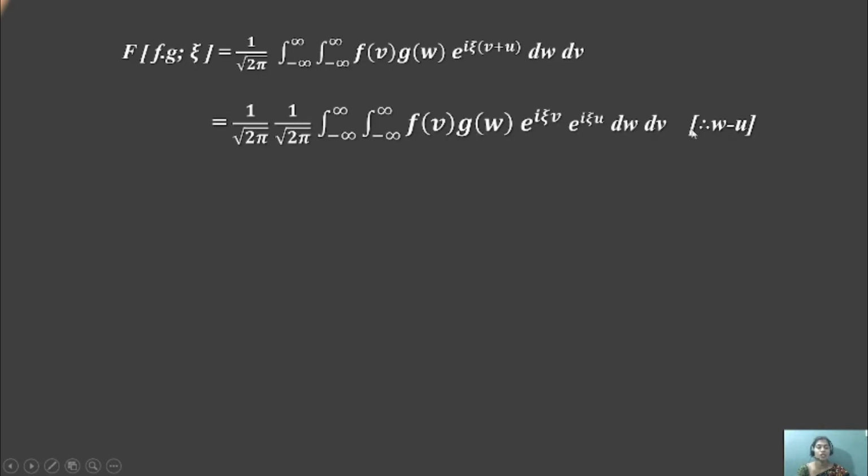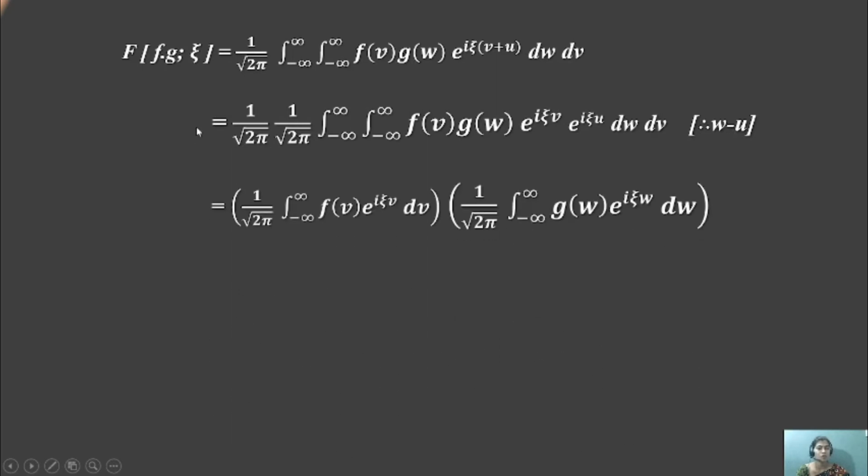Then separating, we get 1 upon square root of 2 pi, integral of f of v e to the power i xi v dv, with all the functions of v in one factor and the functions of w in another.